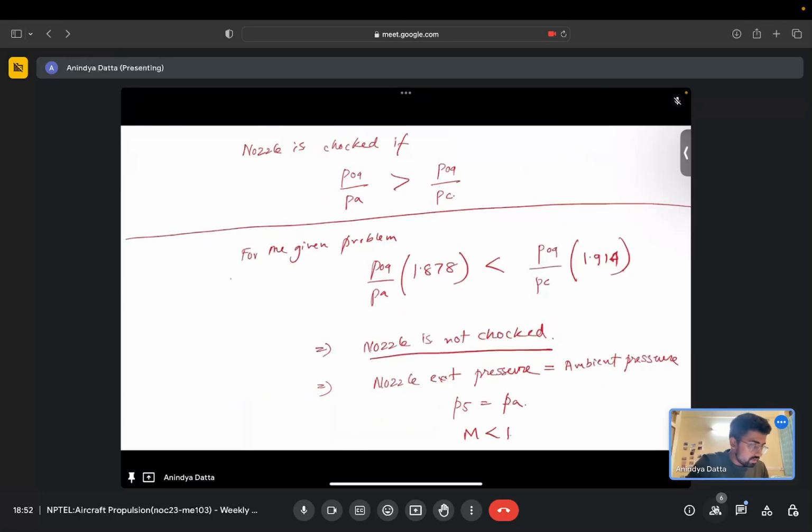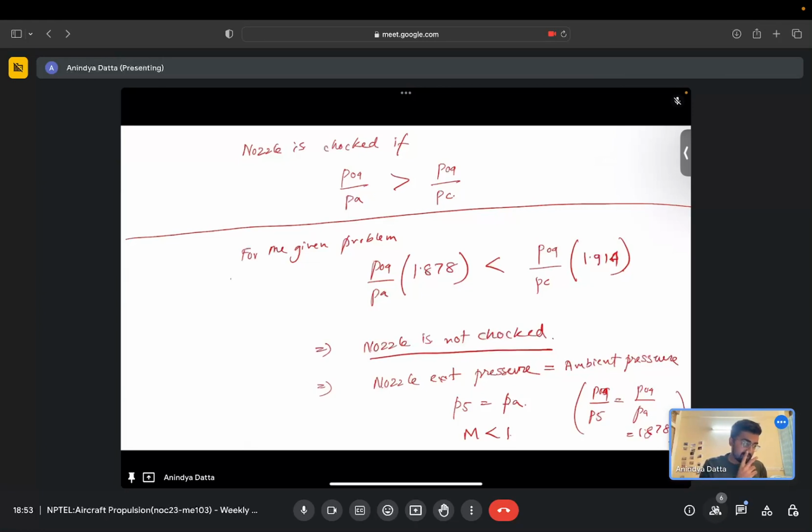Since this nozzle is unchoked, the nozzle exit pressure is equal to the ambient pressure, so P04 by P5 is equal to P04 by PA, which is 1.878, right?